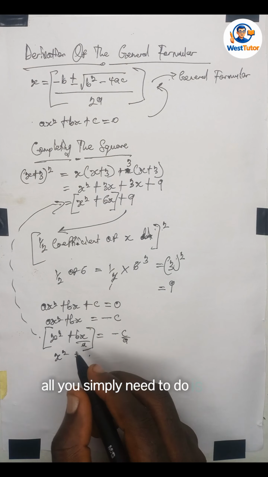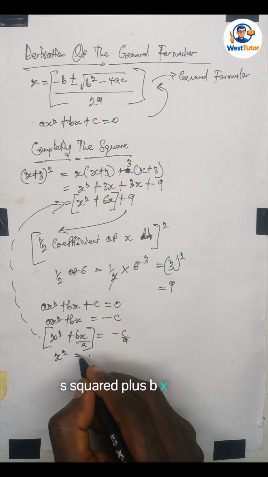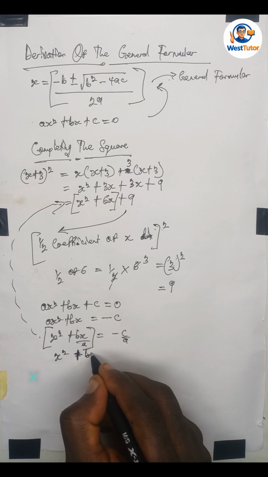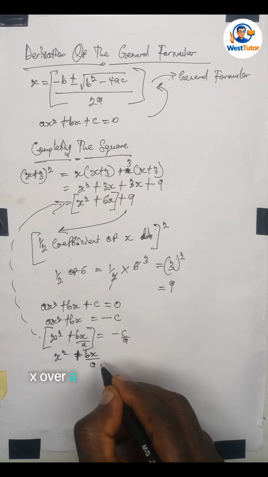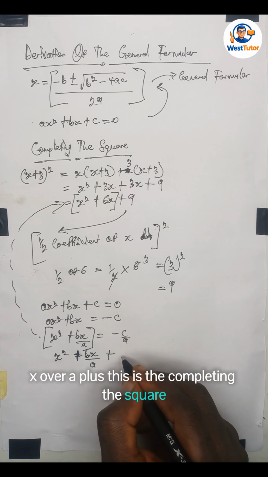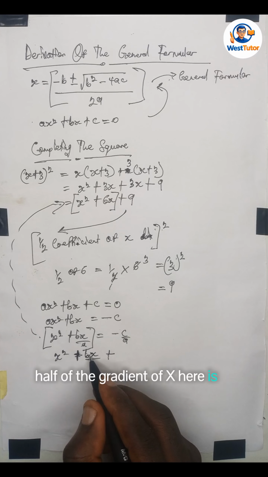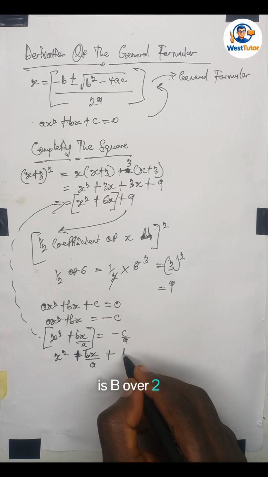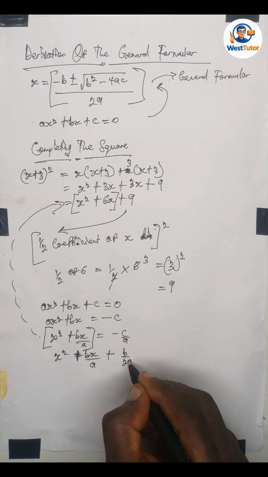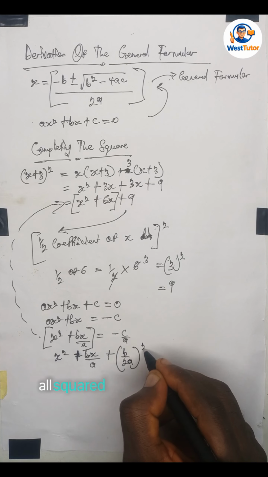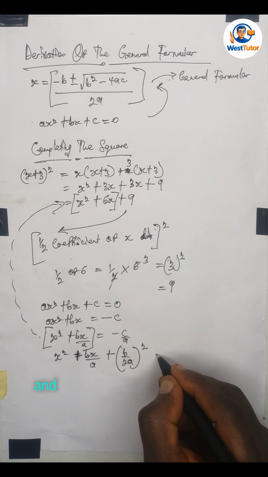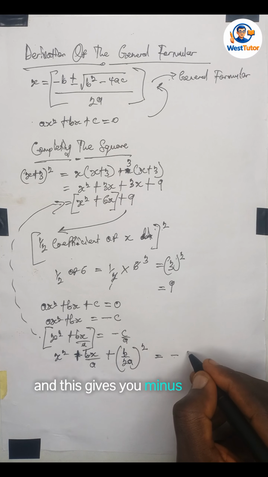This is the completing the square. Half of the coefficient of x here is b over a. Half of it is b over 2a, all squared. This is now complete, and this gives you minus c over a.